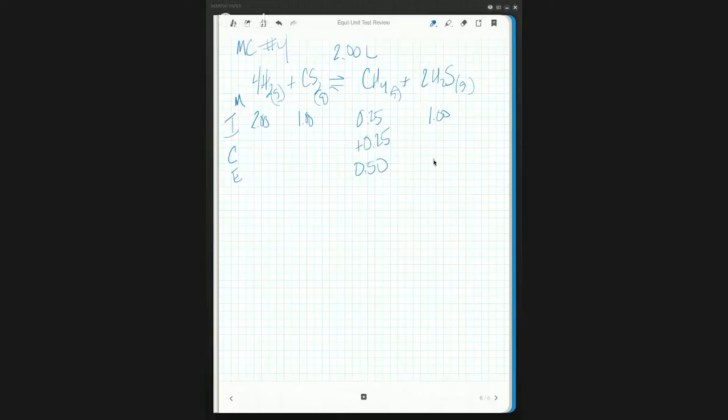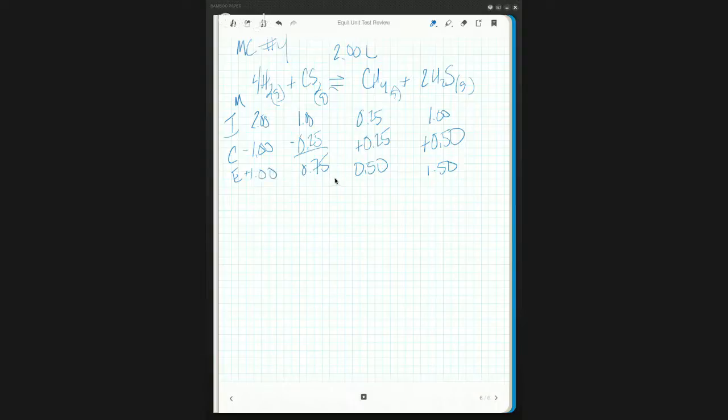So for H2S, 0.25 times 2 is a change of 0.50, so our answer is 1.50. That was adding to the product side, which means it's being subtracted from the reactant side. Minus 0.25 gives us 0.75 for the CS2. And for the H2, 0.25 times 4 is 1, so minus 1.00 gives us at equilibrium, positive 1.00.